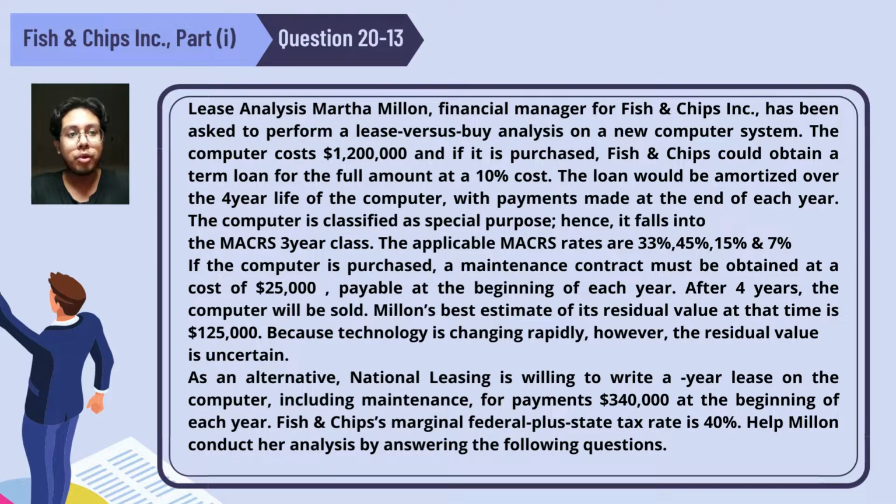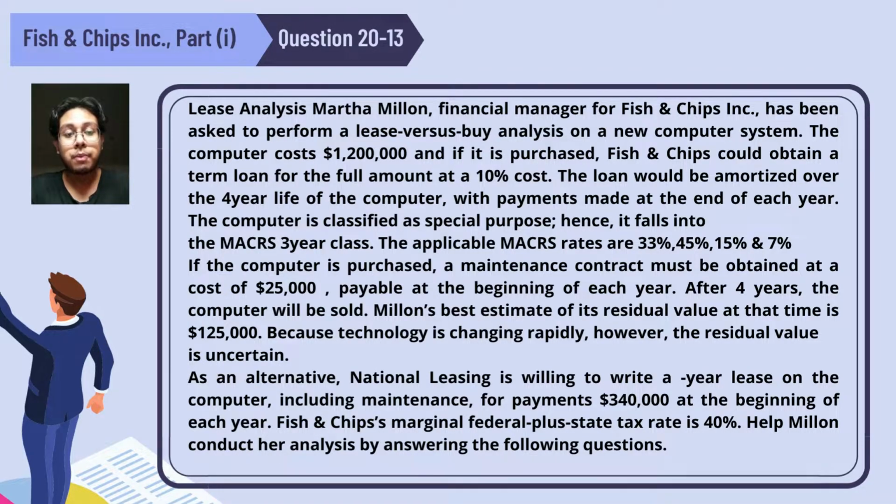The loan would be amortized over the 4-year life of the computer, with payments made at the end of each year. The computer is classified as special purpose, hence it falls into the MACRS 3-year class. The applicable MACRS rates are 33%, 45%, 15%, and 7%.